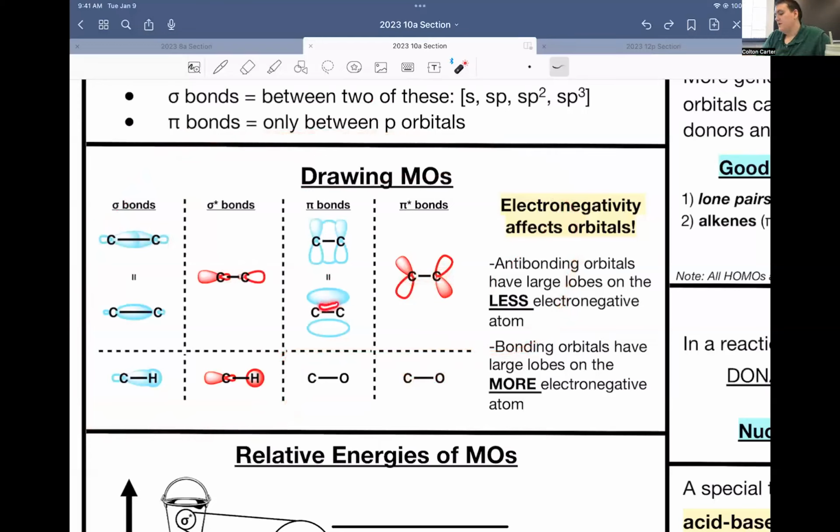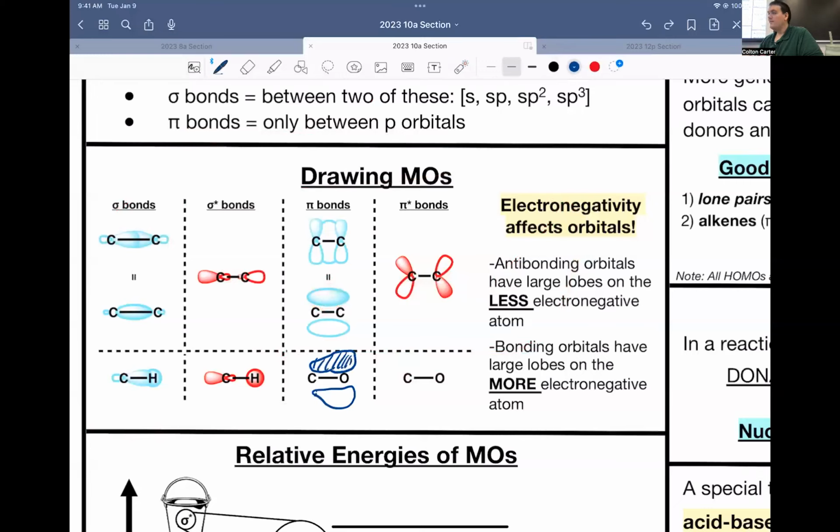So whereas the CC bond's just kind of like this even little lump, the CO bonding interaction is going to be like this lopsided lump, where you're going to have more electron density around the oxygen and a little bit less around the carbon because the oxygen is greedy and more electronegative. I shouldn't shade both of them. One should be unshaded.